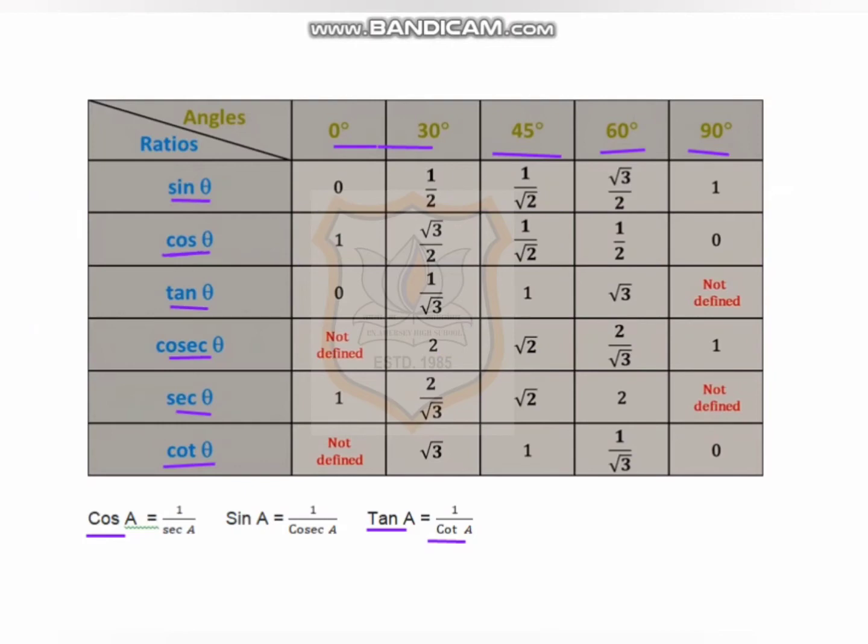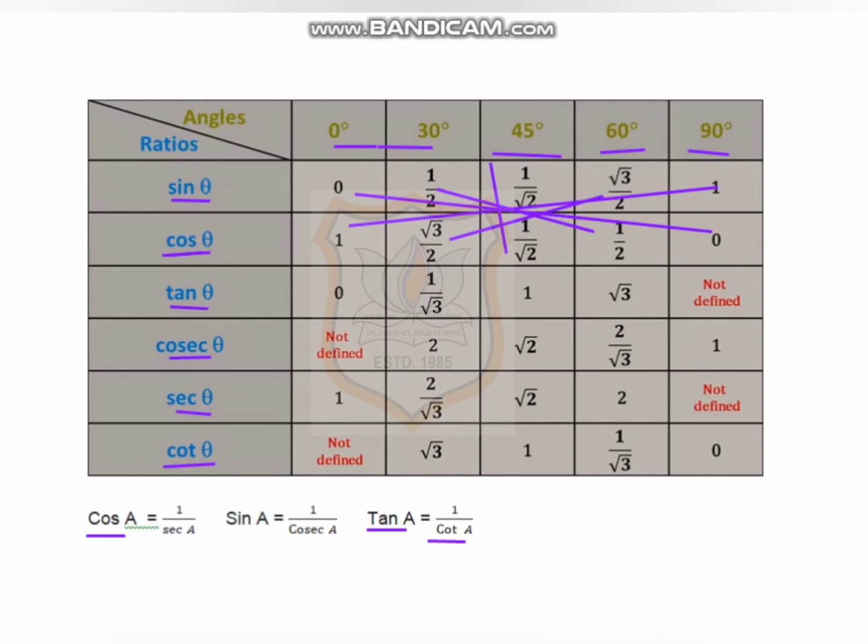Now for the value of cos theta, you have to just reverse. Sine 90 equals cos 0, sine 60 is equal to cos 30, sine 45 and cos 45 are the same, sine 30 is equal to cos 60 and sine 0 equals cos 90. You have to just reverse the complete line.